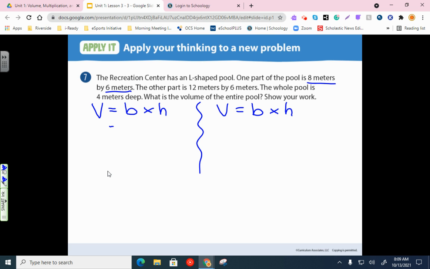So we know the base for that one is going to be 48, because 8 times 6 is 48. We know the entire pool, its height, or how deep it is, is 4, so that sets up that side. For this one, we have 12 meters by 6 meters, so that's going to be our base. And we know 12 times 6 is 72. And the height for that one is the same, it's the 4, so we have that.